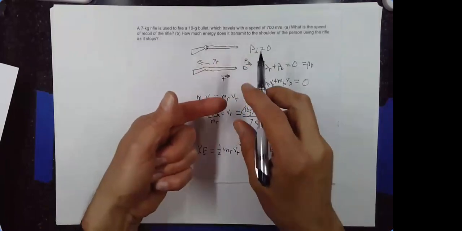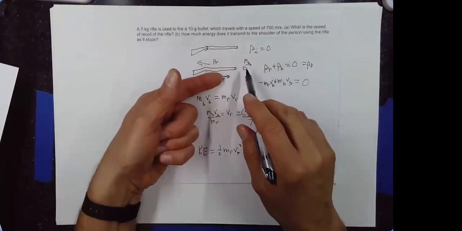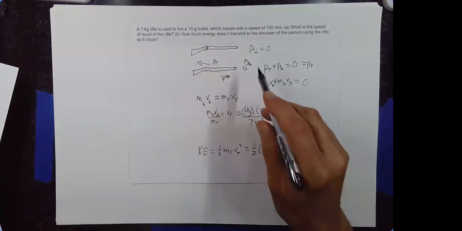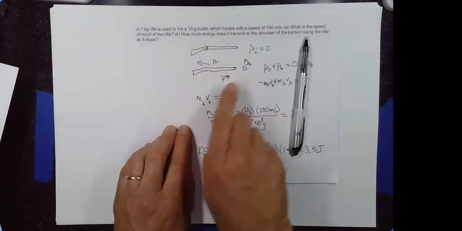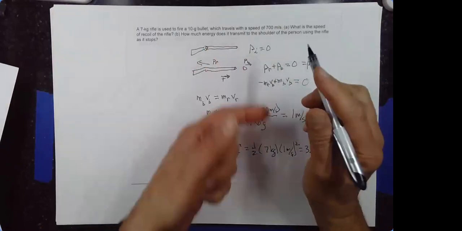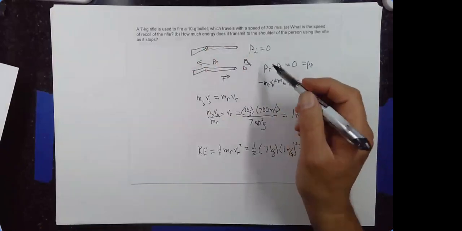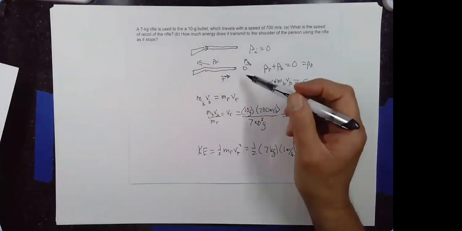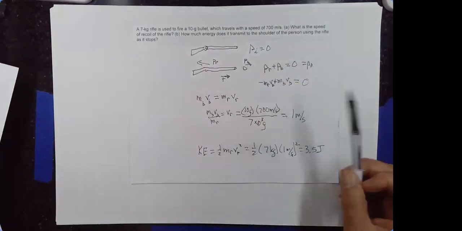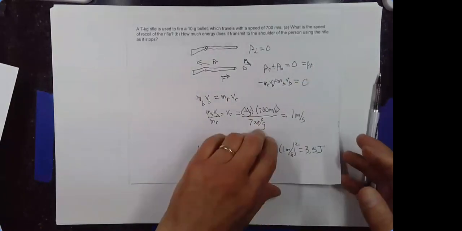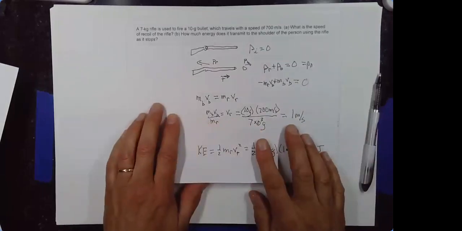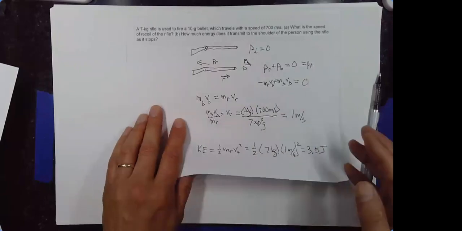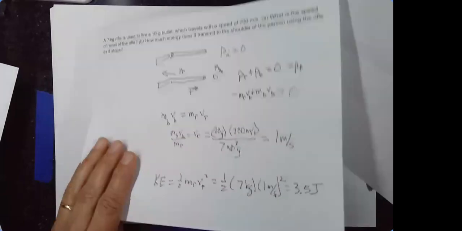There are also the propellant gases, the stuff that explodes and expands when you fire a bullet. That also comes out of the rifle and carries a bit of momentum with it, but the bullet gets most of it. That'll add to the recoil of the rifle a little bit. So anyway, there's our first one. This is a collision in reverse, in effect.